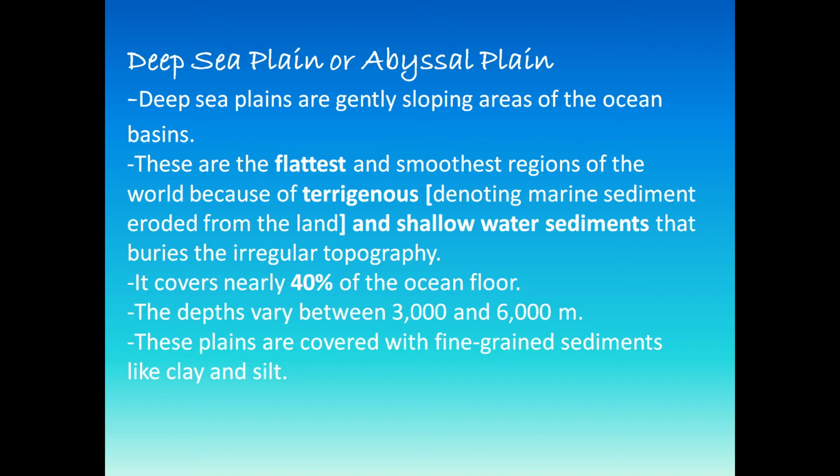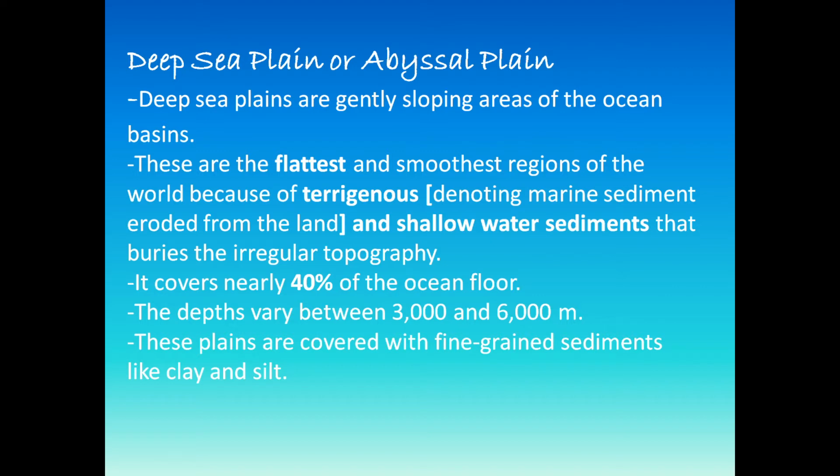Now what is terrigenous? It is marine sediment which is eroded from the land. The word terre is related to the land surface, so terrigenous material is material brought from the land to the sea.